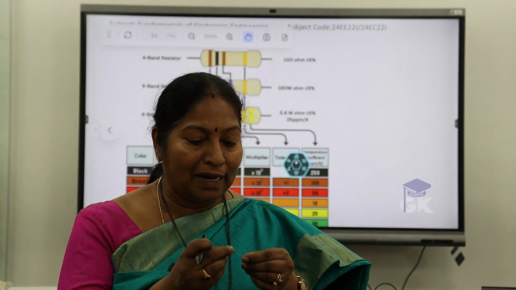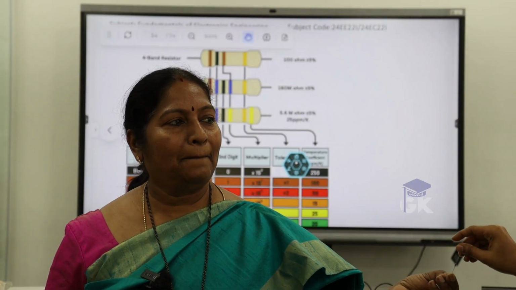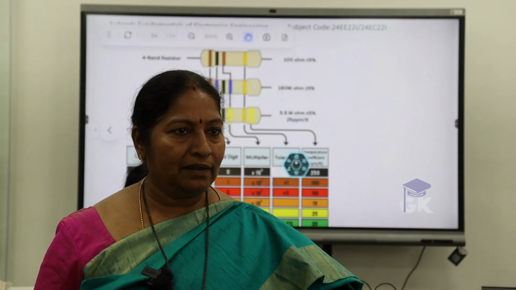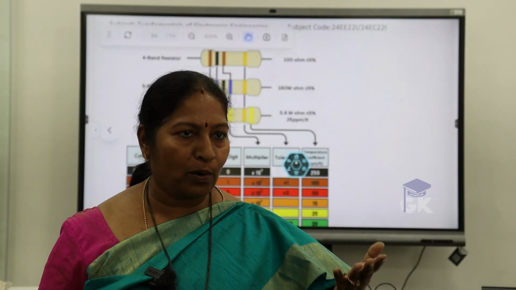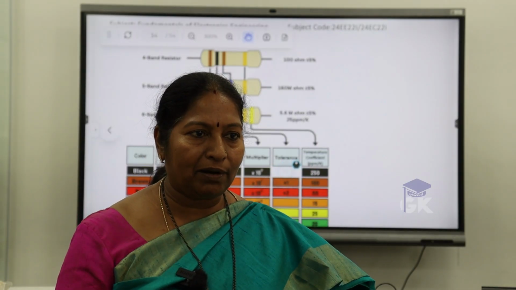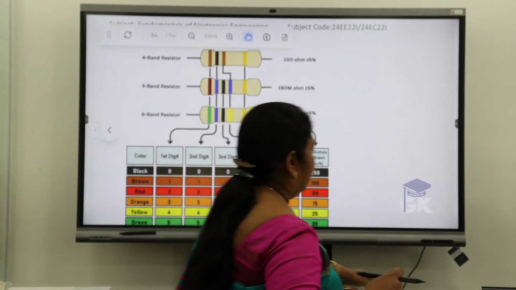How many colors have been represented here? 5. 5 bands are there. 3 bands first, or 4 bands first. 4 bands are there. 4 bands, you know, I just explained. The last one is separate, one band. Brown color.